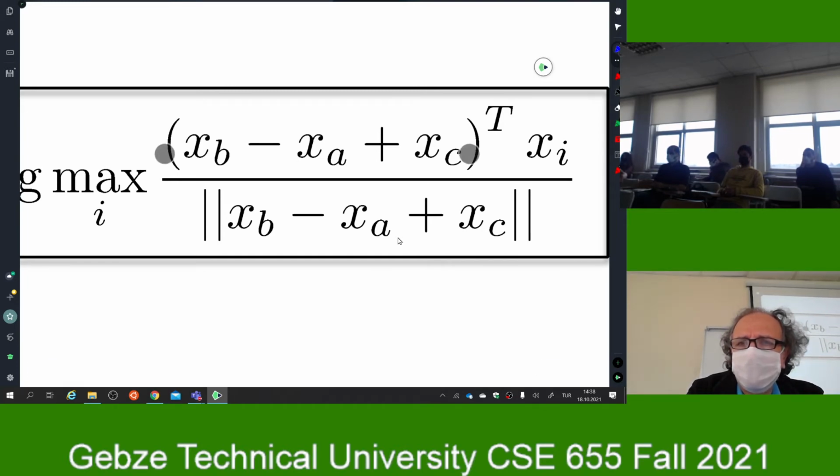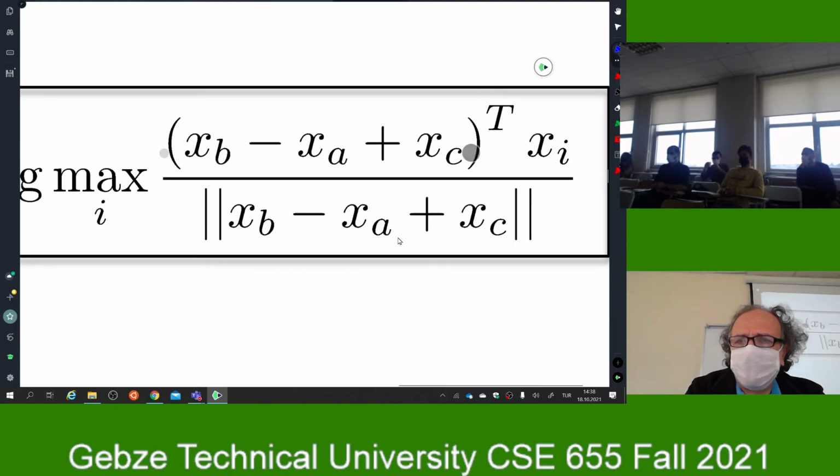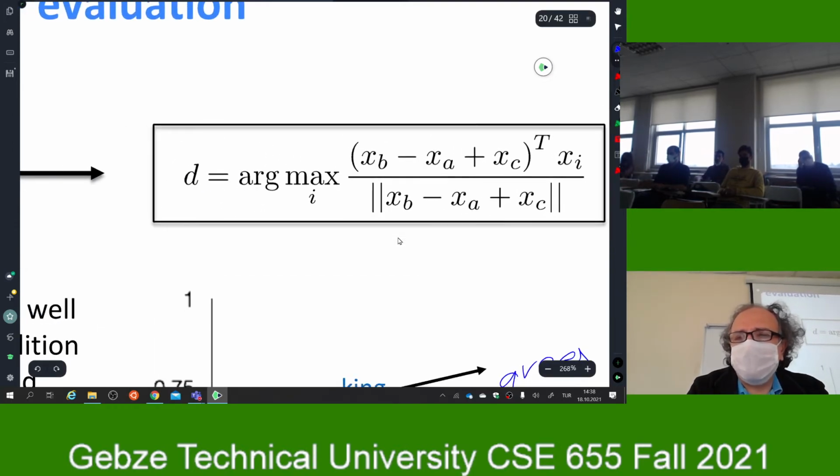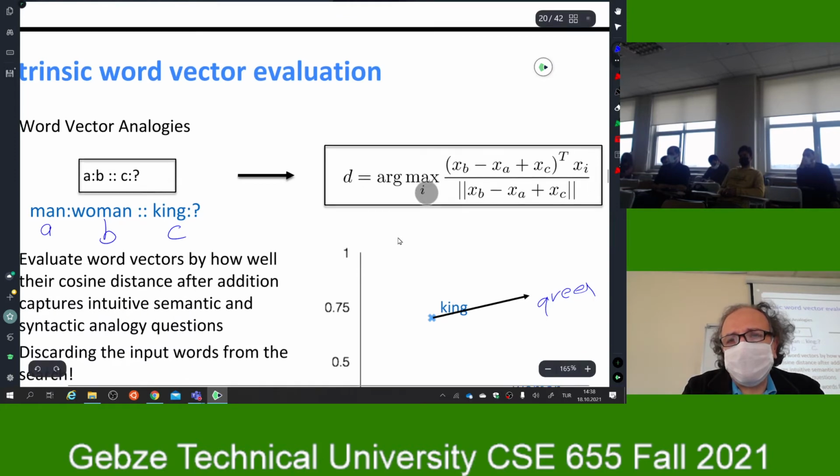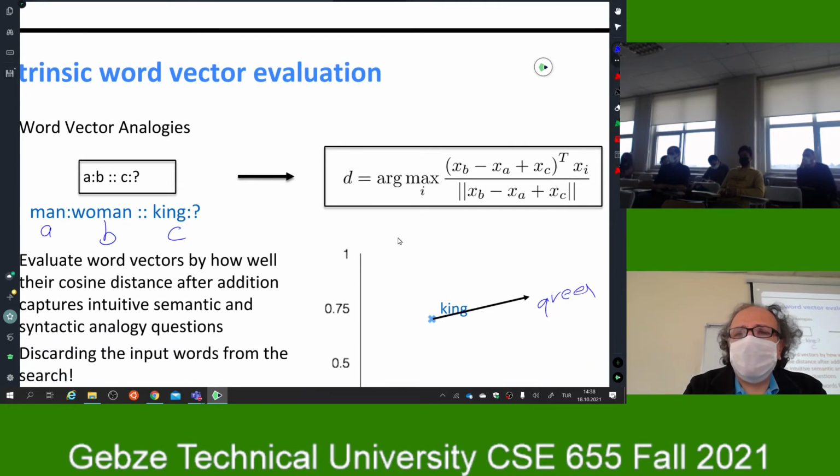And this vector is multiplied by this xi. Vector multiplication means how similar they are, right? So we are trying to maximize. Find an xi such that it maximizes this expression. But how about this part? What is this part? The denominator.